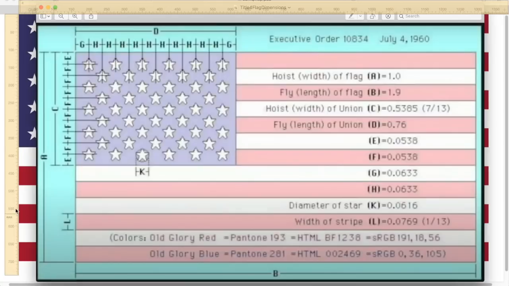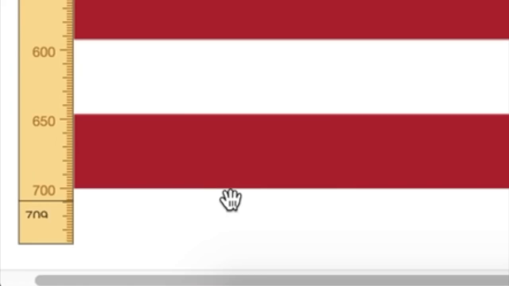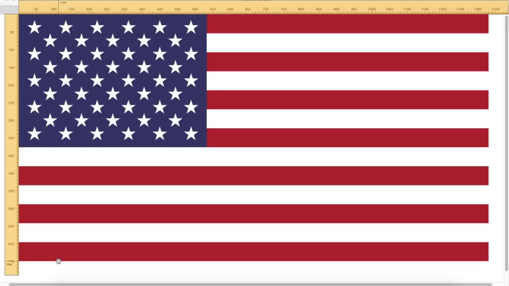Okay? So as you can see, I have a ruler here. It measures megapixels. Okay? And I got it set to where the height of the flag, you can see right down the bottom left, is exactly 700 pixels or megapixels. I don't know enough about what a pixel is to know if this is pixel or megapixel. Who gives a shit? It's 700.